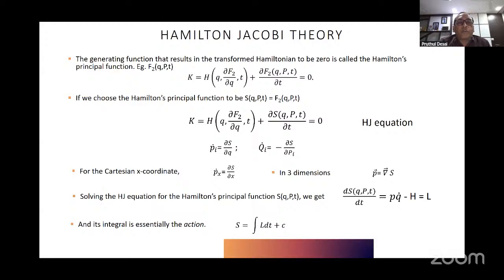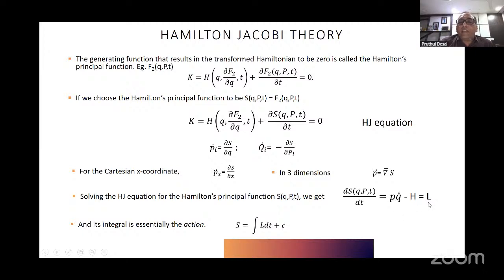And the Cartesian coordinates are connected by this, px is del S by del x. And in 3 dimensions, you can extend it further. So if we solve Hamilton's equation for the principal function, what we get is dS by dt, the derivative of action, is nothing but the Lagrangian.